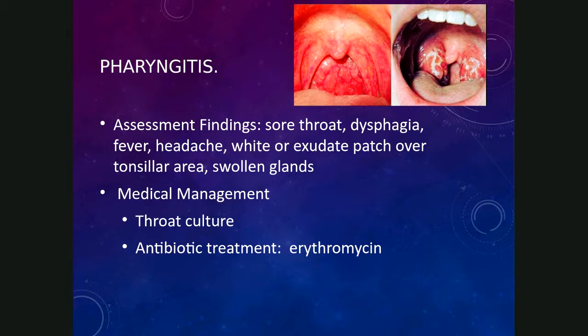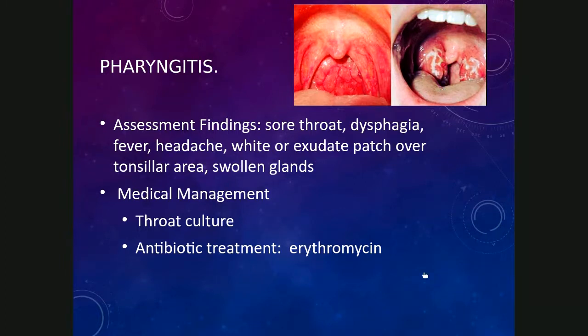So you'll get a fever, you'll have headaches, you'll have white or exudate patch over the tonsil area, which is what we see right here, and swollen glands. Okay. Medical management, again, you're going to do throat cultures and you're going to do antibiotic therapy, which is usually your erythromycin. Okay.